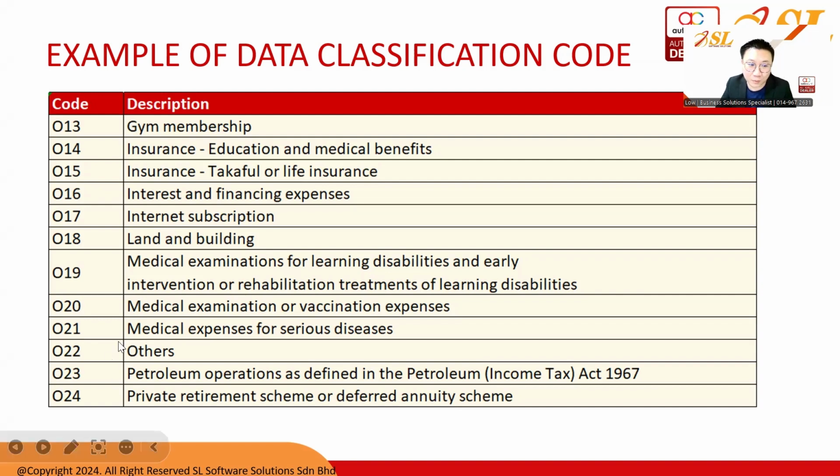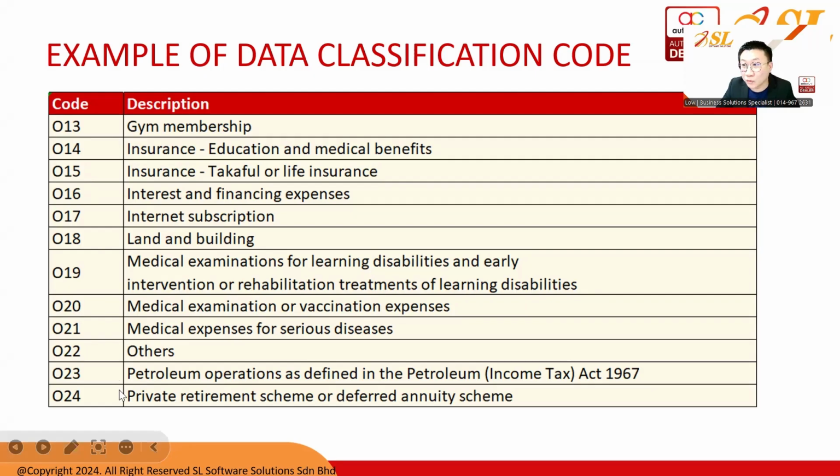Others will be put under 022 and the tax relief under 015. Every year when we prepare our personal tax, we just log into our My Invoice portal and check the transactions with the insurance company. You'll see the portion in our My Invoice portal. That's why I say e-invoice is more convenient.